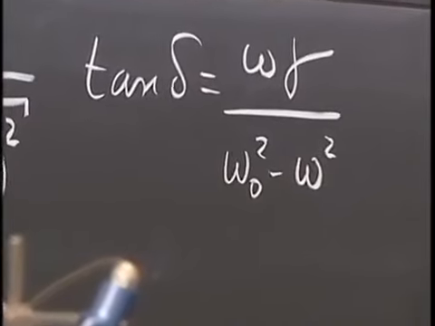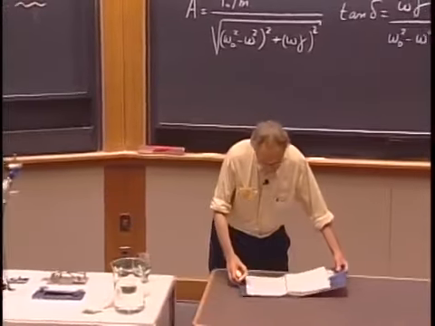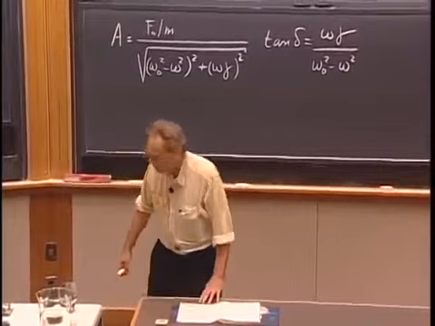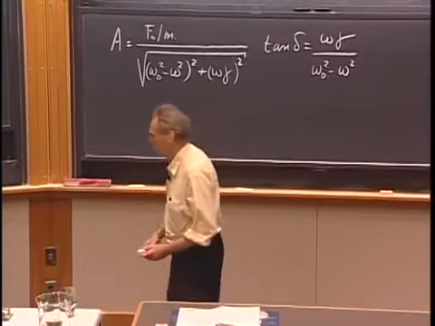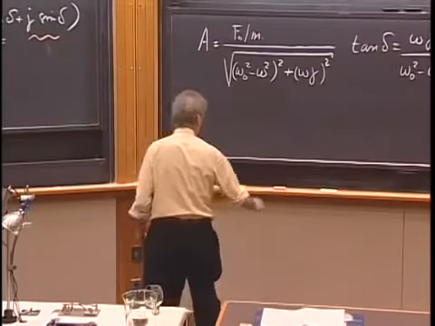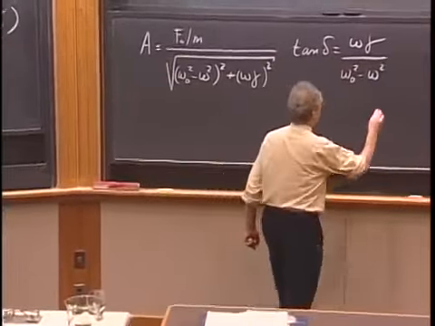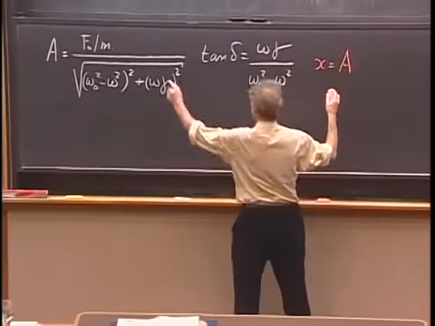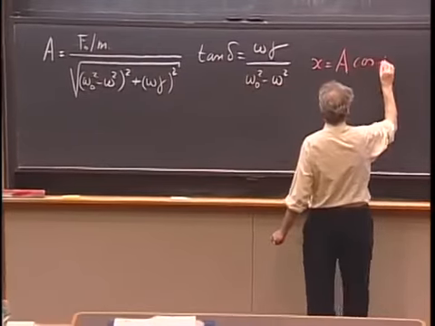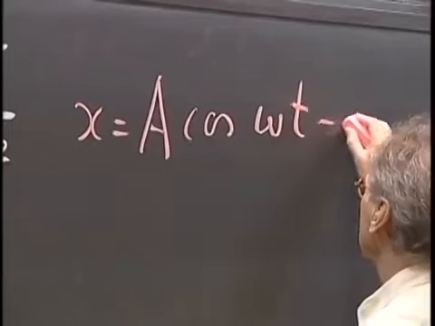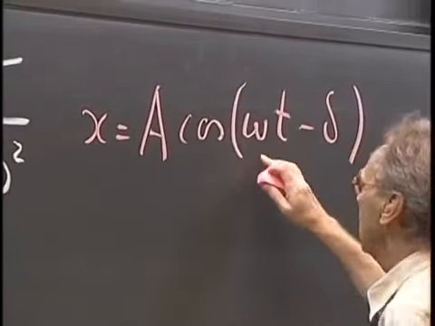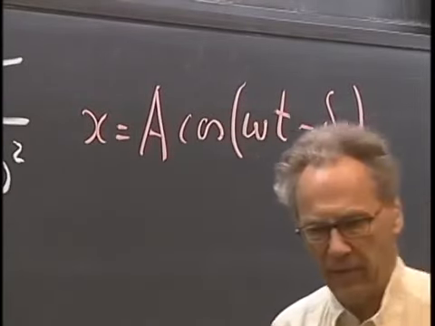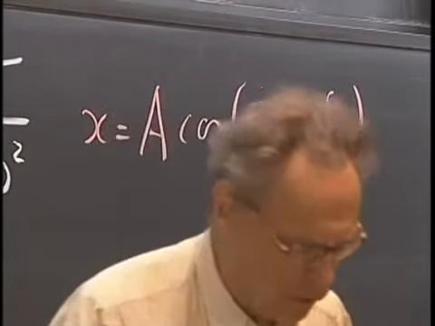And if we return to the real world, we have to change z back into x. And so our final solution, which I will put in color, would then be that x as a function of t is this amplitude a times the cosine of omega t minus delta. And that is the omega that is my will that I impose on the system.